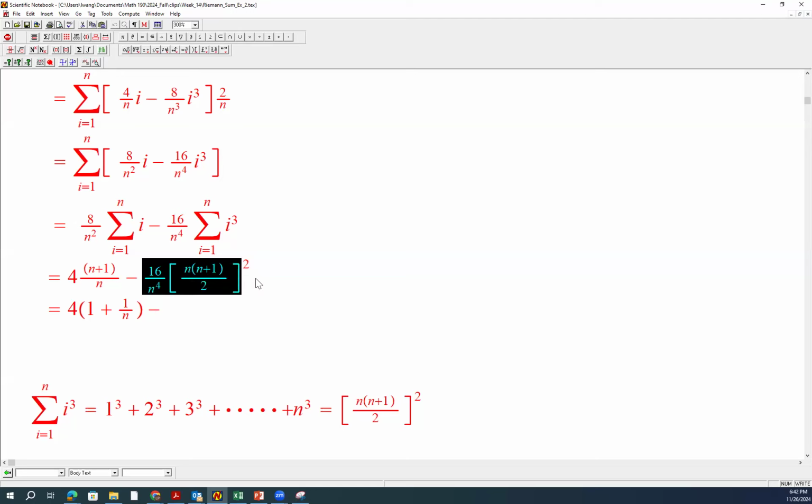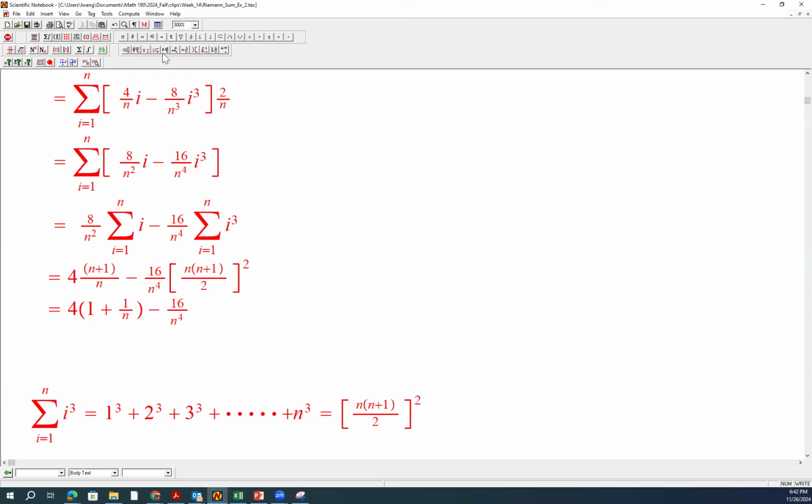Minus, on this piece, what are we going to do? We're going to have 16 over n to the power 4. On the parentheses here, we are getting 2 squared is 4, right? n squared times n plus 1 squared.